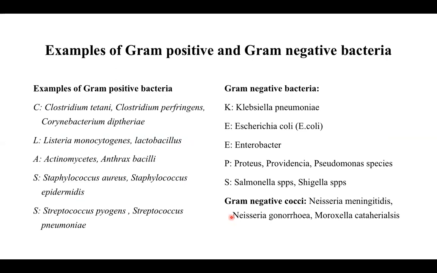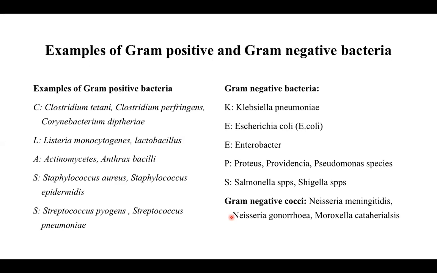Here, in the last, if you want to memorize the names of Gram positive and Gram negative bacteria, there are some mnemonics. To memorize the names of Gram positive bacteria, the mnemonic is CLASS.